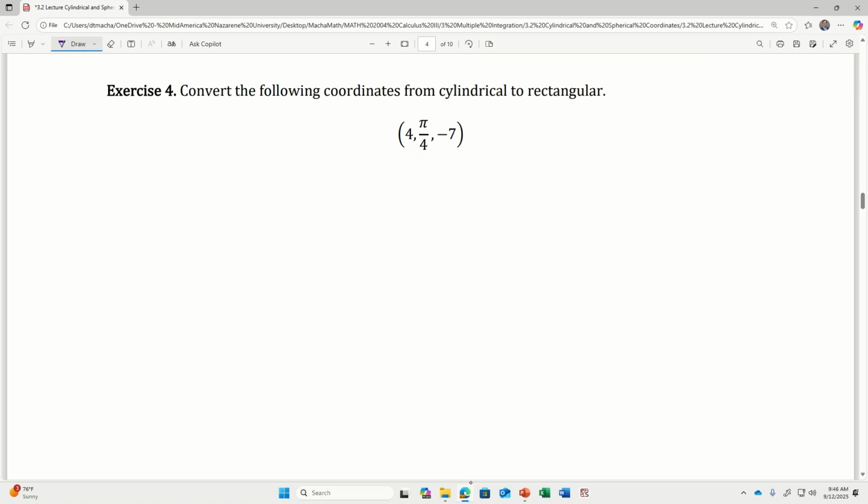Okay. If I want to convert from cylindrical to rectangular, that means I'm going to be given r, theta, z, and I need to be able to calculate x, y, and z. And again, z is the same between cylindrical and rectangular.